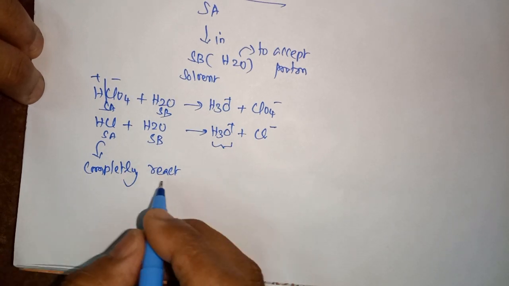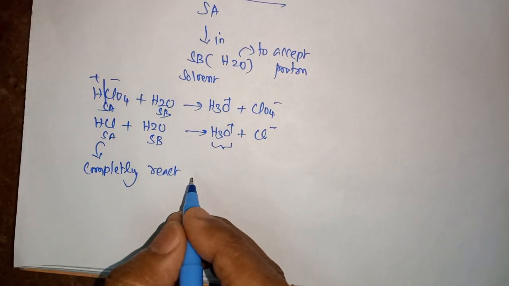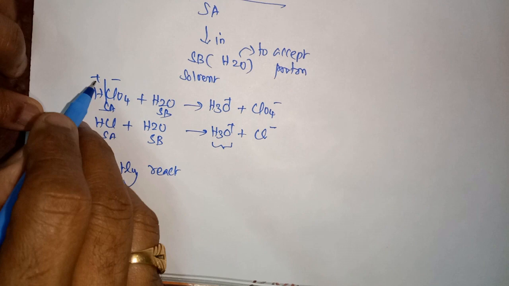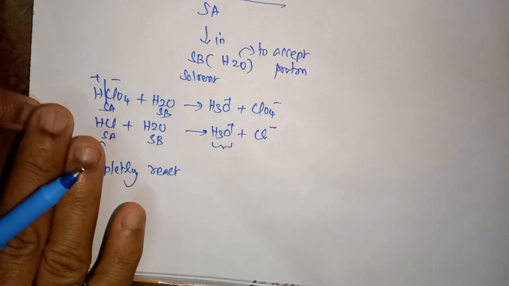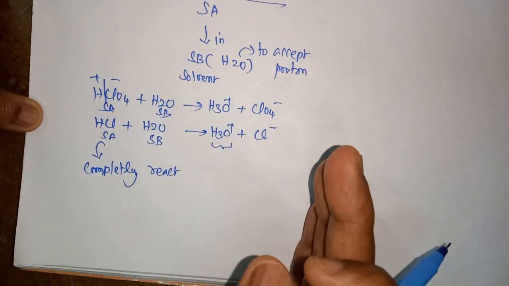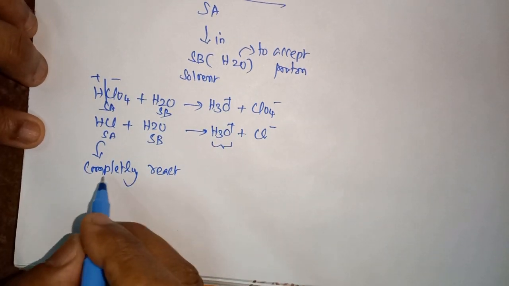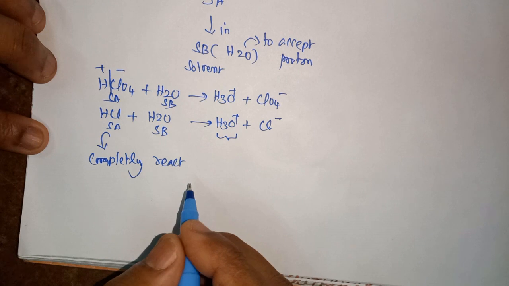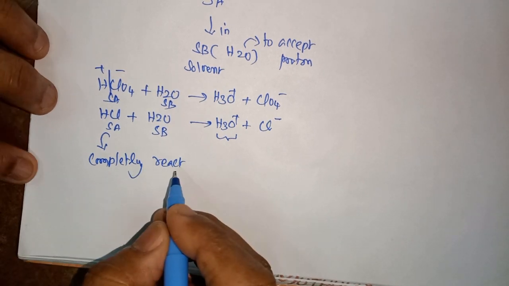If I use the word completely reacts, it means we don't have any strong acids remaining as neutral molecules. All are completely converted to ions. That is called completely react.